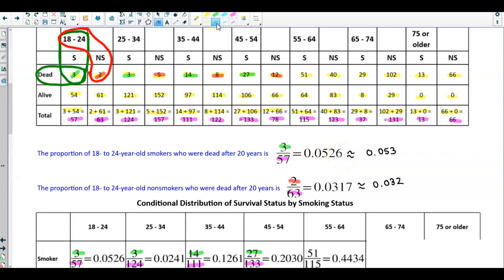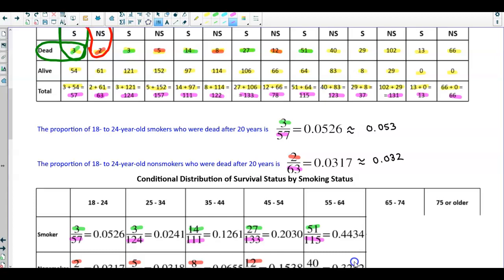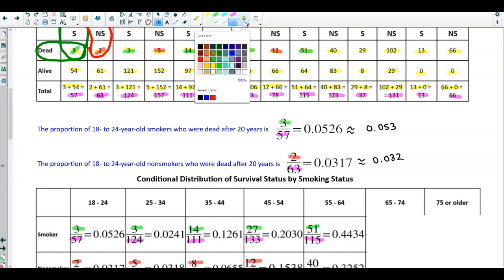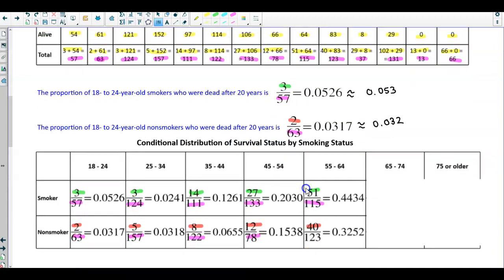The smokers that are dead in that age group is 51, so we're going to take 51 and then divide it by the total of 115 in that column to give us 0.4434. And then the non-smokers, we see that the total in that age group that are dead is 40, and we're going to divide that by the total in that column, which is 123, to give us 0.3252.